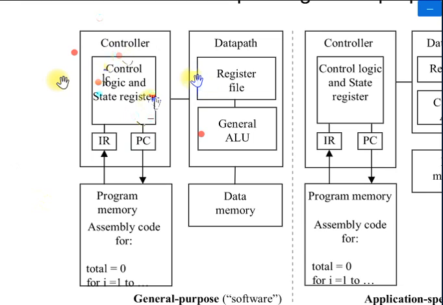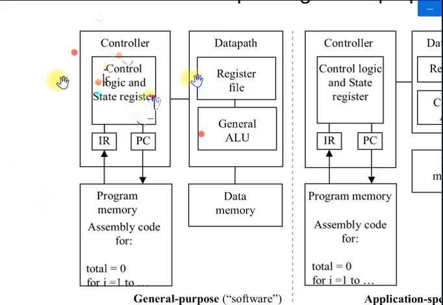So in the controller circuit there are control logic and the state register. And there are the incremental registers, program memory and program counter which help to complete the whole process.